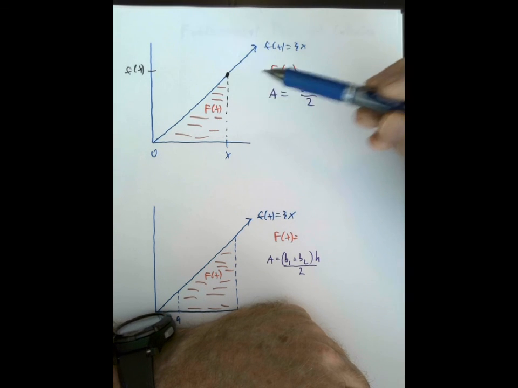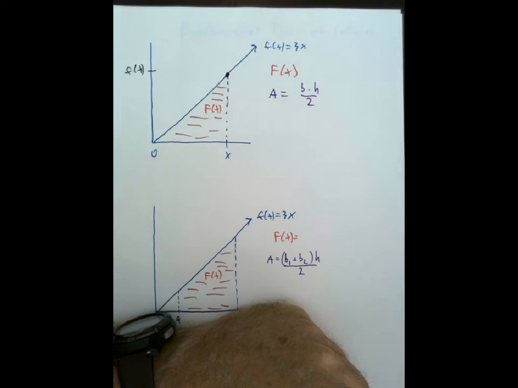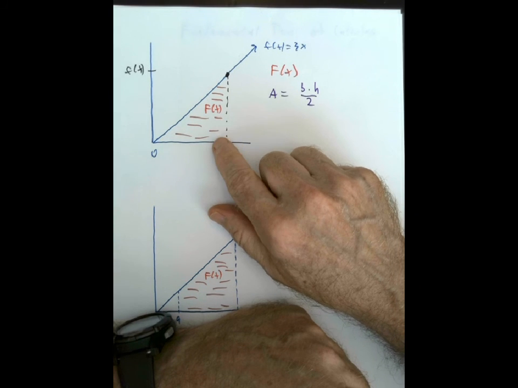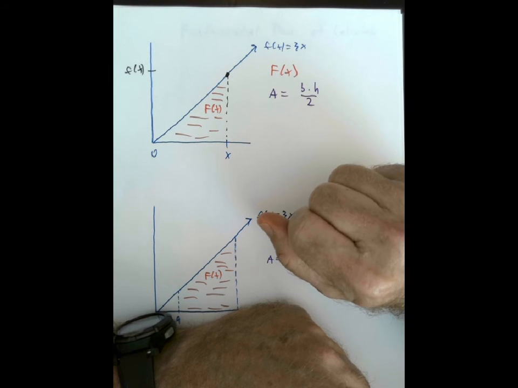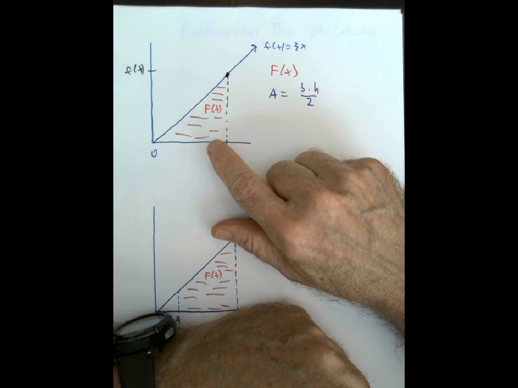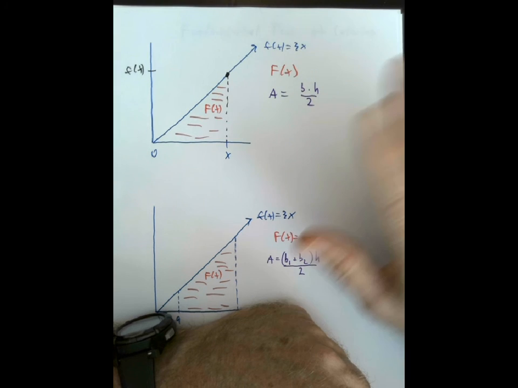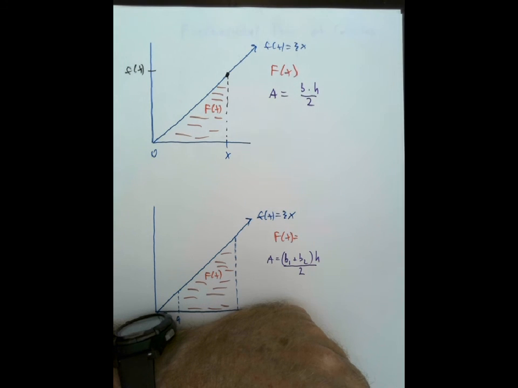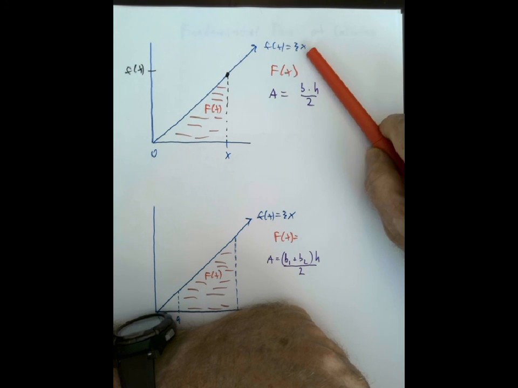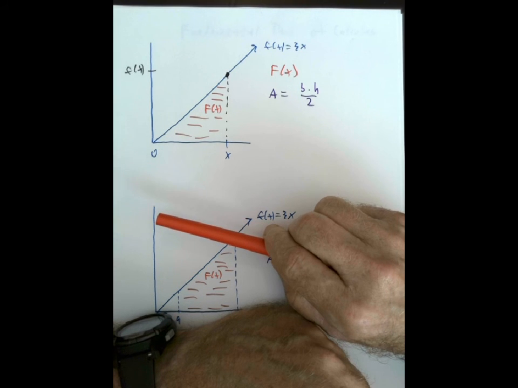The way we're going to get at that is to start by recognizing there are certain situations besides rectangles in which we can calculate an exact area. So let's say we've got this situation where, and I'm not going to call it speed or time or distance, we have this function f of x equals 3x, which is that straight line going up, right?